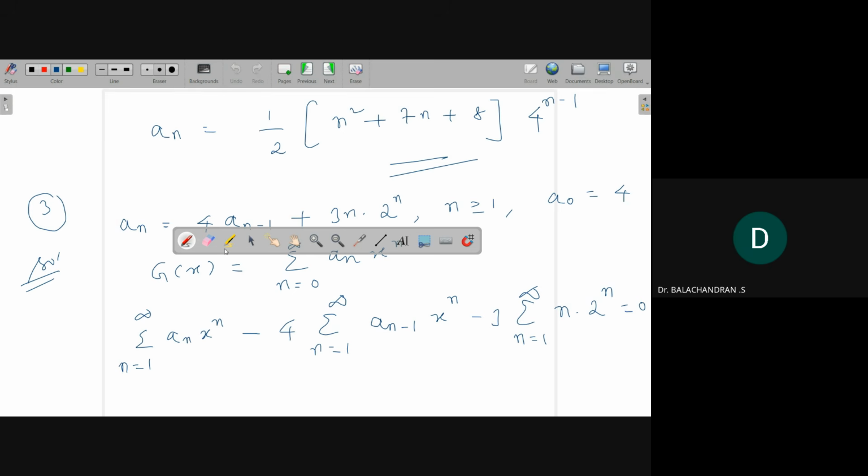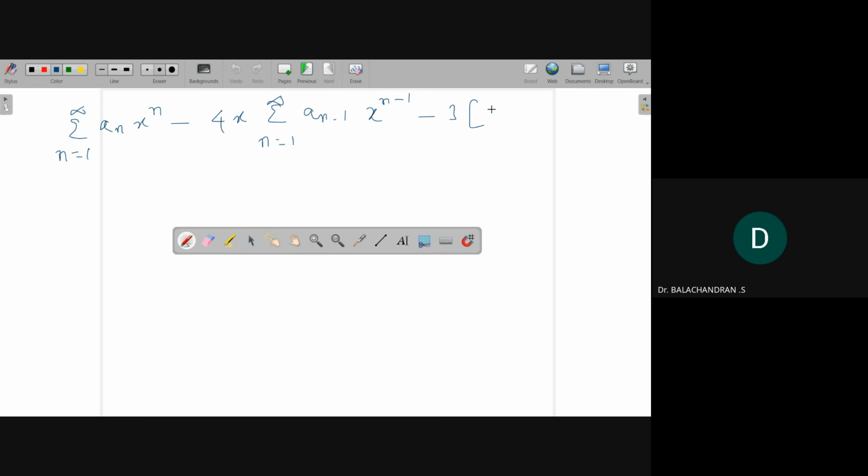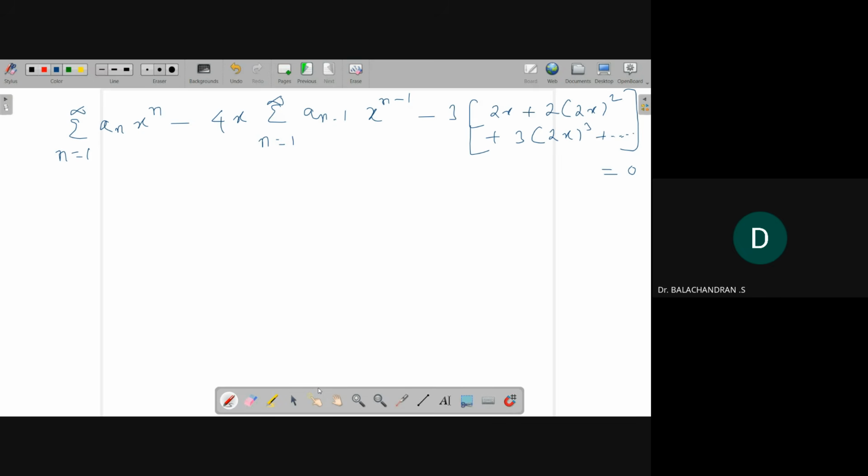I think here I forgot to multiply by x power n, which is equal to 0. When n equal to 1, it means 1 into 2x, that is 2x, plus n equal to 2 means 2 into 2x whole square, and then plus n equal to 3 means 3 into 2x whole cube, plus and so on, which is equal to 0. Now, next step.